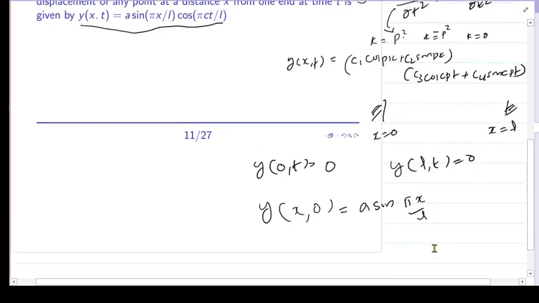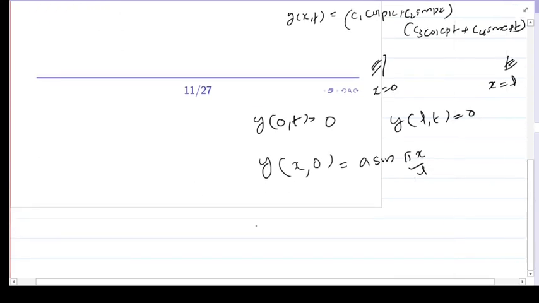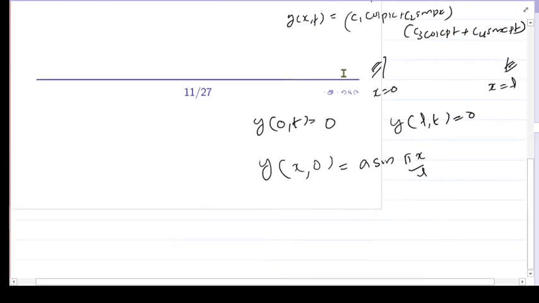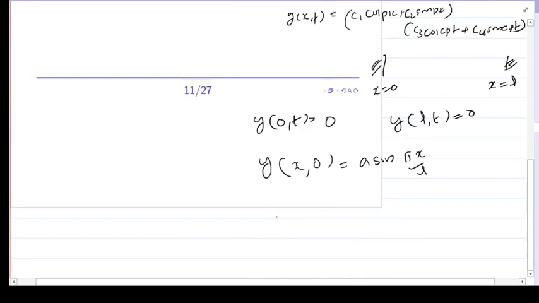Also, since it is released at time t equal to 0, it was not moving at that time. That immediately gives dou by dou t of y of x,0 equal to 0, that means the initial velocity is 0.